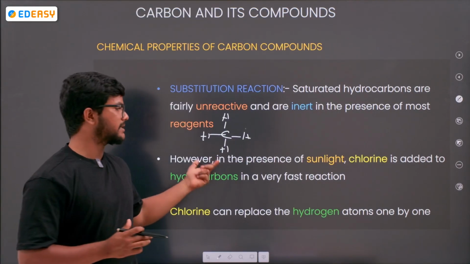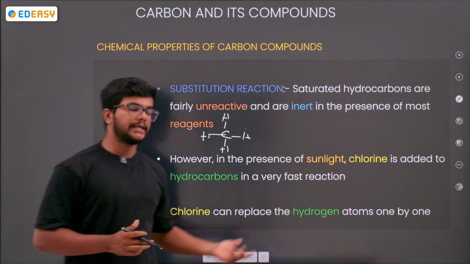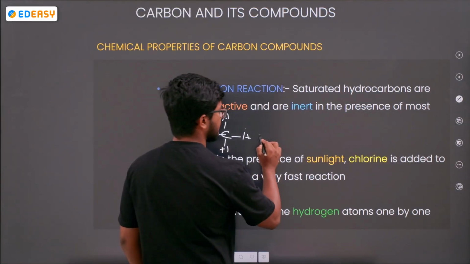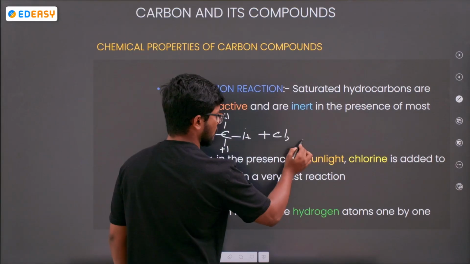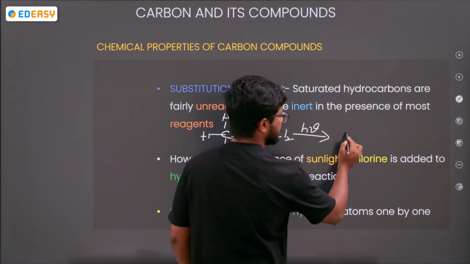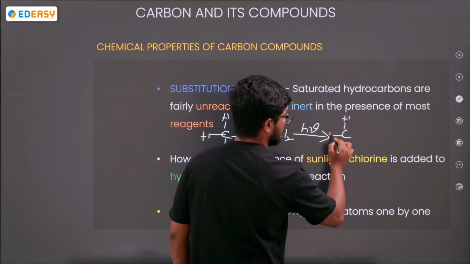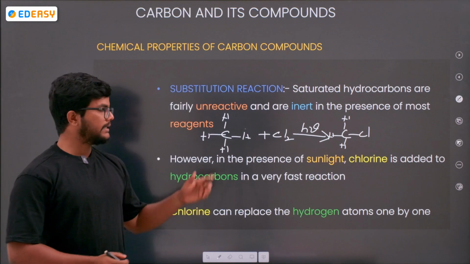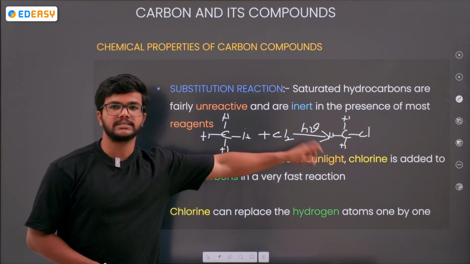However, in the presence of sunlight, chlorine is added to the hydrocarbons in a fast reaction. So when methane reacts with chlorine in the presence of sunlight, hν being sunlight, it gives carbon with three hydrogens, where one of the hydrogens is replaced by chlorine. It is nothing but the substitution reaction.